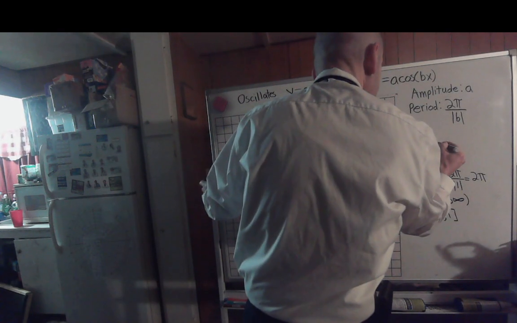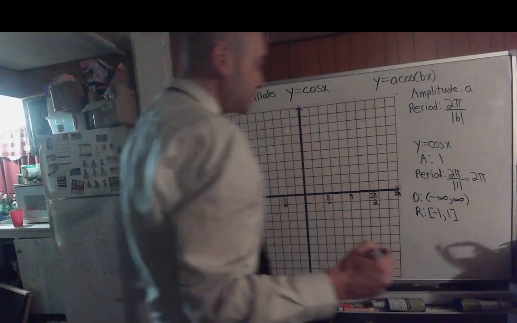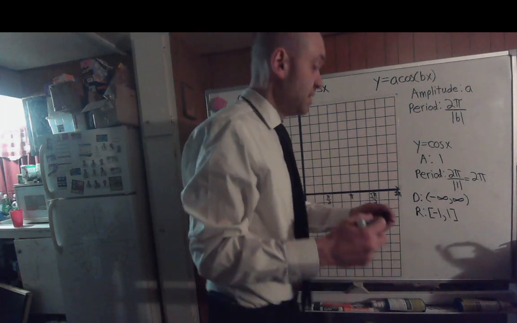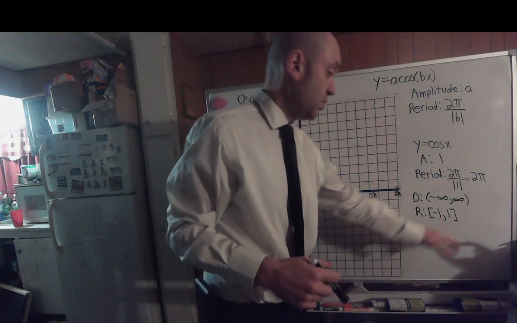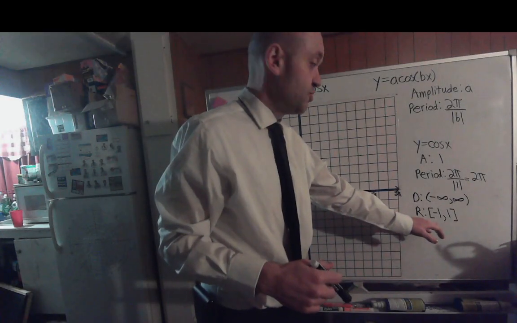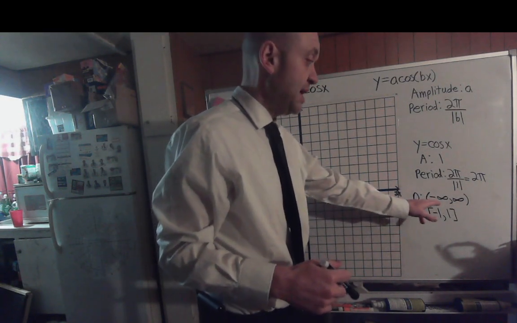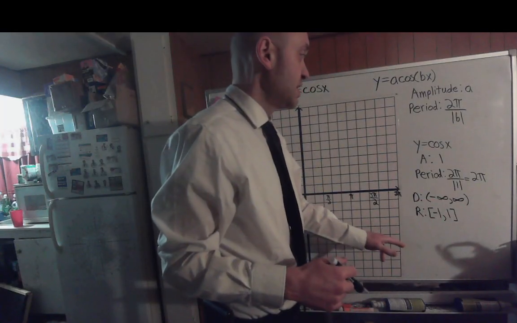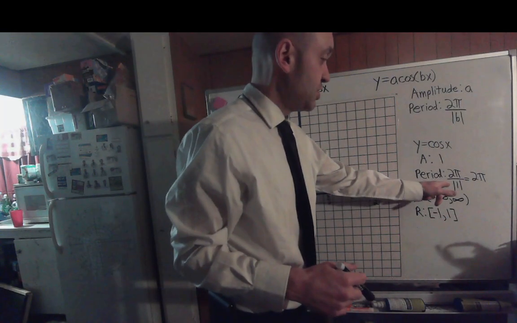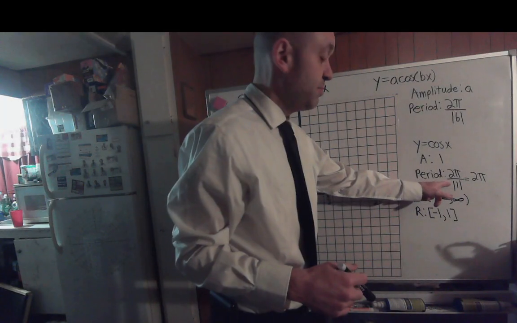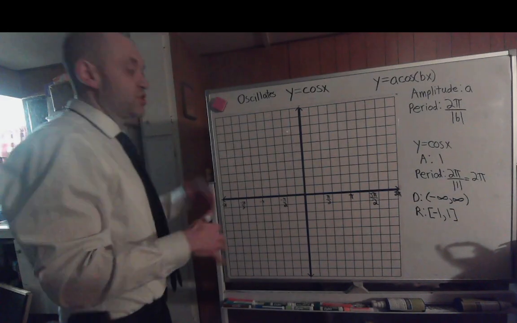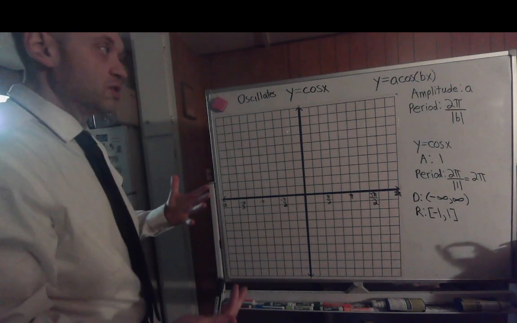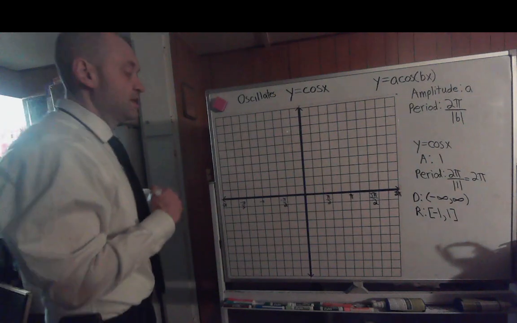So in this case, if we're looking at y equals the cosine of x, my amplitude is 1, which means my max value of the range would be 1, my minimum value of the range would be -1, and the domain is still all real numbers. The period is 2 pi over b, in this case 2 pi over the absolute value of 1, which is 2 pi.